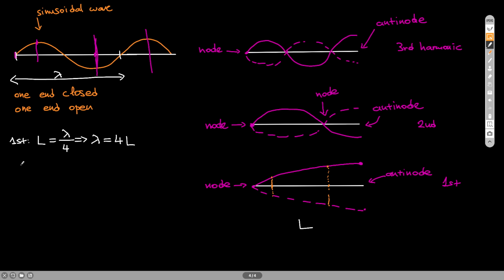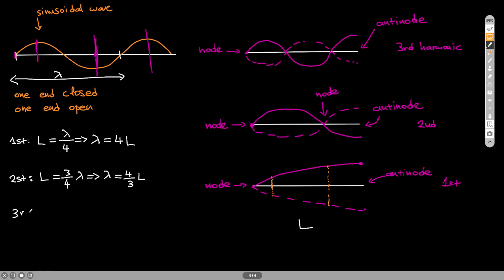For the second harmonic, again, I have the length of the string. Now I see this is lambda, from here to here, and I took most of it. I left 1/4 out, so the length of the string is 3/4 lambda, which means lambda is 4/3 times the length of the string.